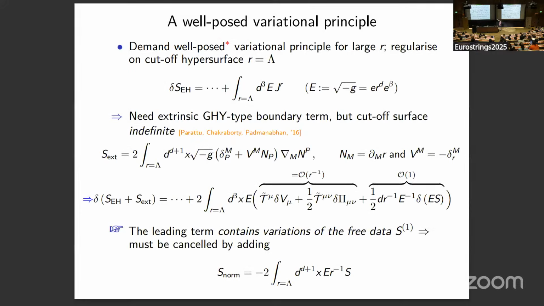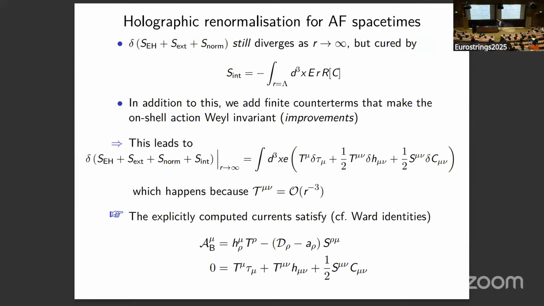So you see, it's not here a priori, but it really appears for two reasons. So this curly T, which is sort of the finite version of the T, is order r to the -3, plus the fact that if you take S with delta h, that is a total derivative. And these two facts combined give rise to this structure and really is what pushes up the shear to be on par with the Carrollian structure. So that is something quite special that happens as a consequence of this holographic renormalization procedure.